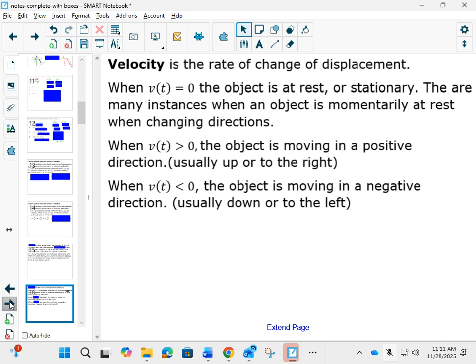So there's a difference between speed and velocity. Velocity has a direction. Speed doesn't matter which direction you're going, it's just how fast you're going.